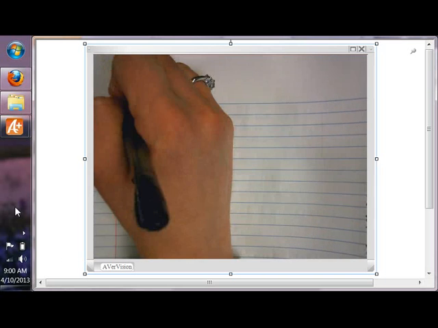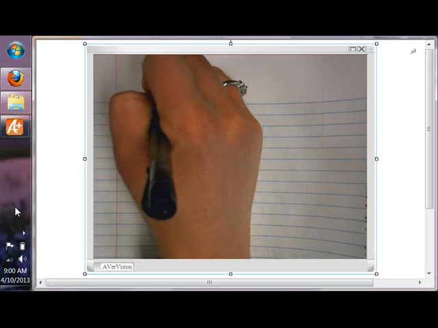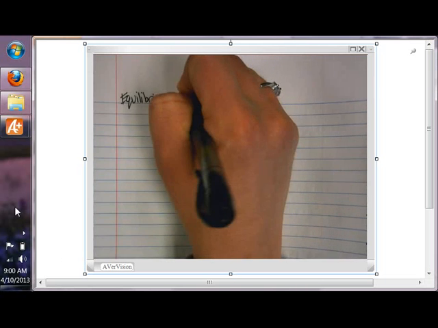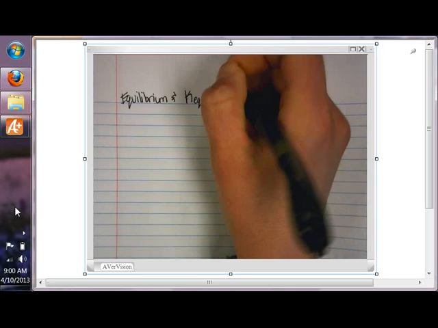The title of the notes is Equilibrium, Keq calculations.